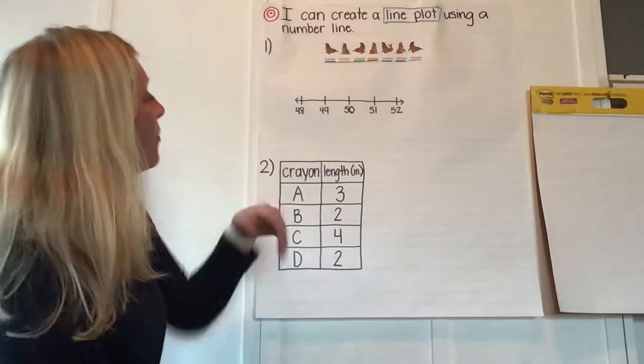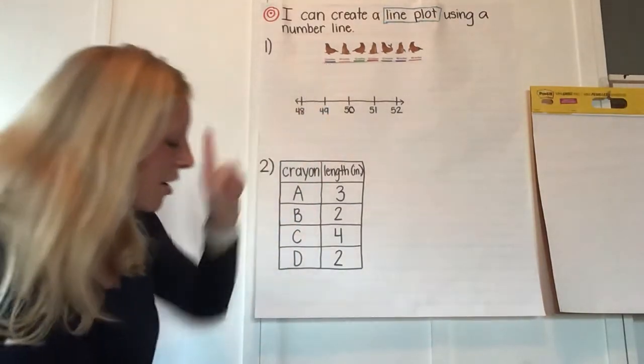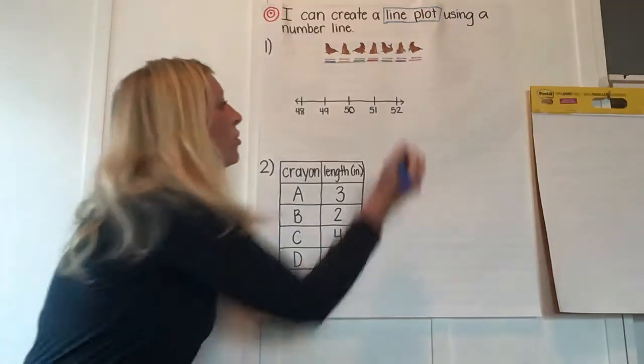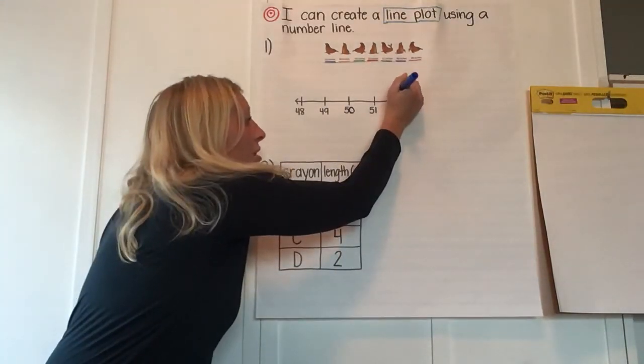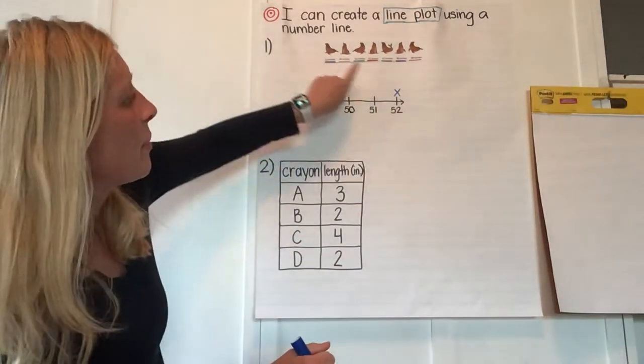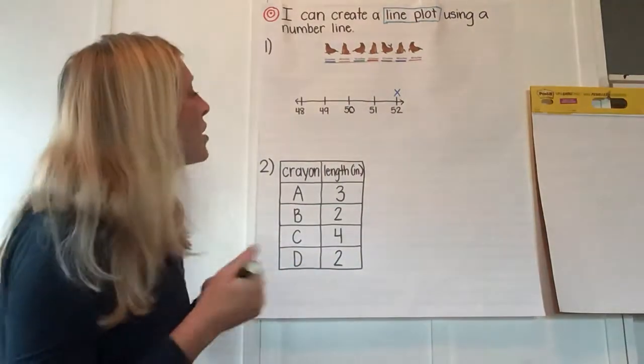For example, I see a 52-inch long sea lion right here, and it's in my blue. So I'm actually going to put a blue X above my 52 because that needs to be represented here. In fact, I think I forgot a step, okay?